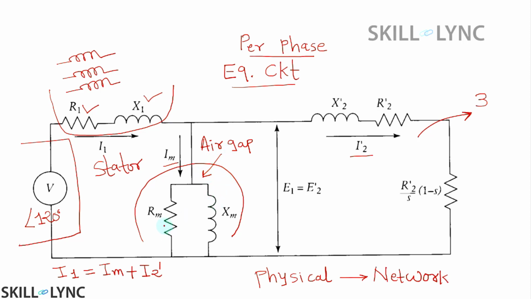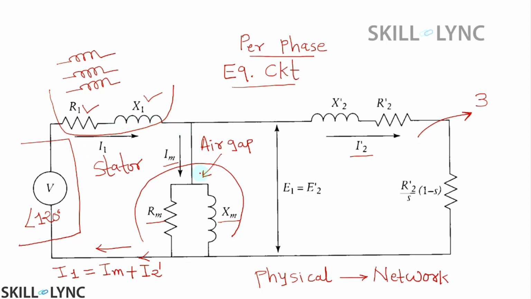Now there are two parameters connected in parallel, called the magnetizing resistance RM and the magnetizing inductance XM, and current IM flows in this parallel path. Here you can see the direction where current IM flows through RM and XM in parallel, and then the combined total current IM exits from this wire.